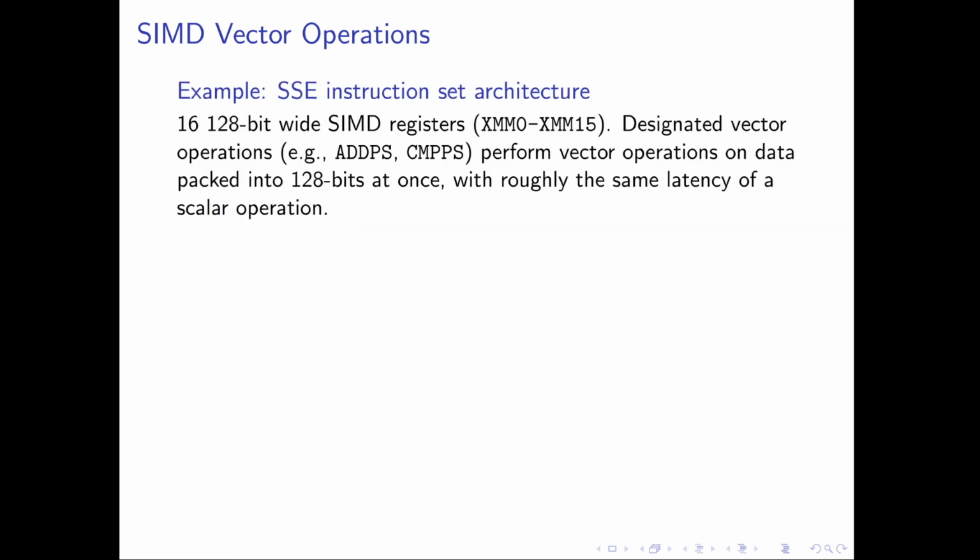So in the example I showed you the SSE instruction set. SSE machines have 16 128-bit wide SIMD registers that are labeled XMM0 through XMM15. And then there are designated vector operations like the ones that we saw before, like the add PS instruction or the compare PS instruction and so forth, and those operate on the whole packed vector at once.